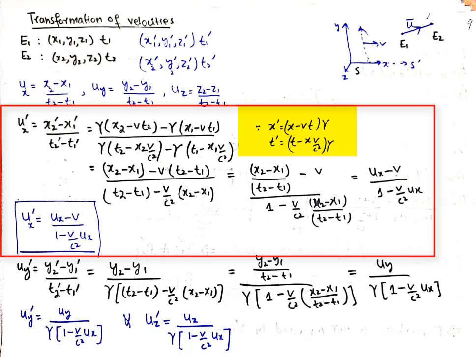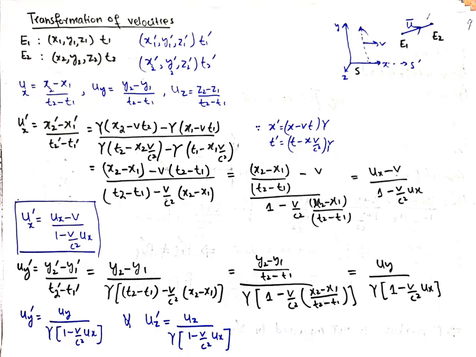So x2 prime will be gamma into (x2 minus v t2), and x1 prime will be gamma into (x1 minus v t1). And similarly, in the denominator, I can find the value of t2 prime and t1 prime using this transformation equation. So this gives me gamma times (t2 minus x2 v by c squared), and then gamma times (t1 minus x1 v by c squared).